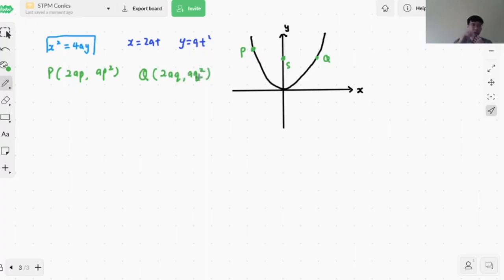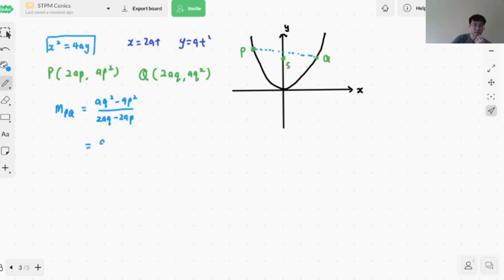Alright, so now let's say I want you to form a chord equation. A chord equation is from P to Q. I want to form this equation. First of all, I have to find the gradient of PQ. To find the gradient of PQ, of course, it is y2 minus y1 over x2 minus x1: aq squared minus ap squared, over 2aq minus 2ap.